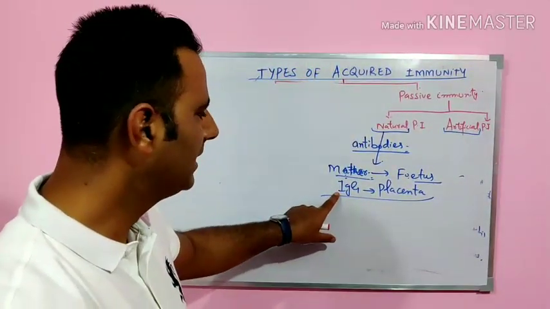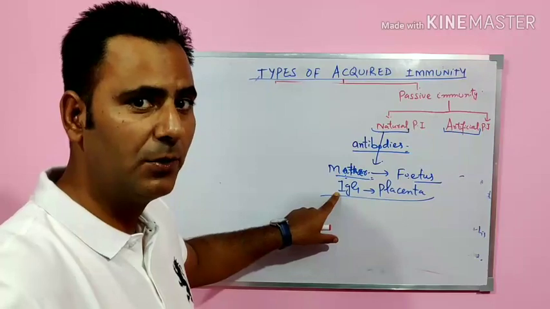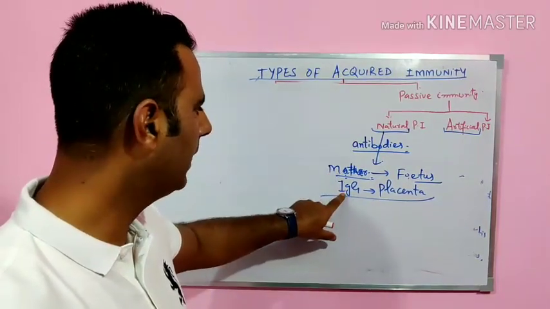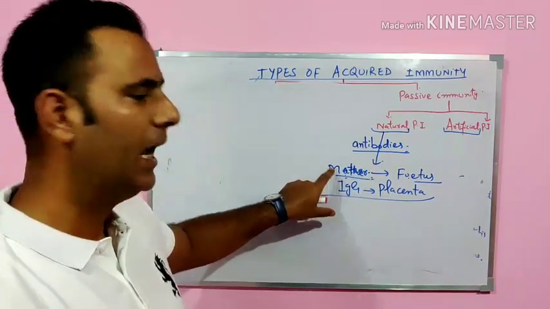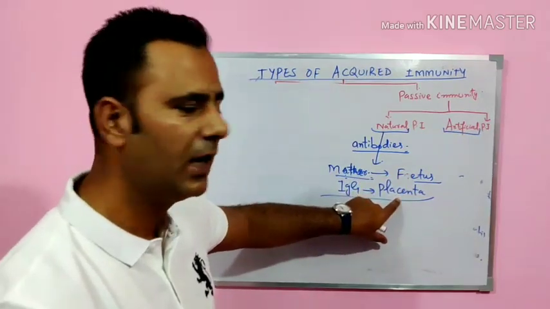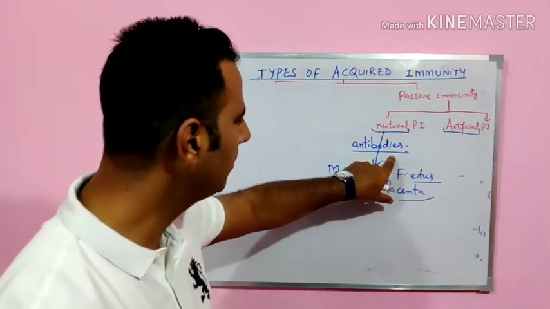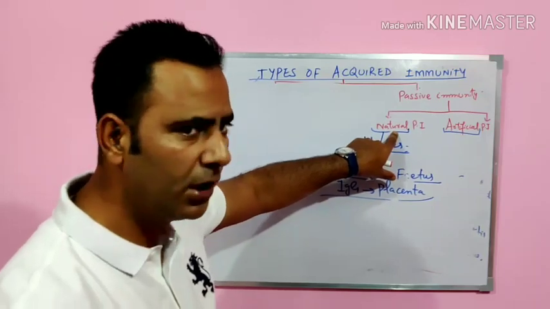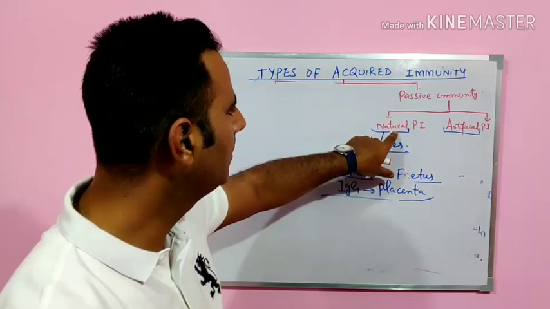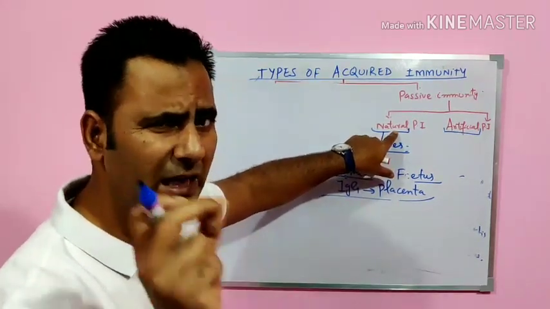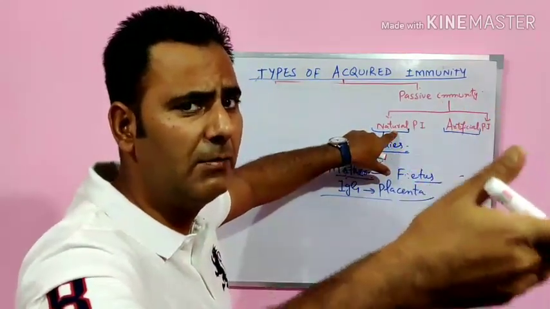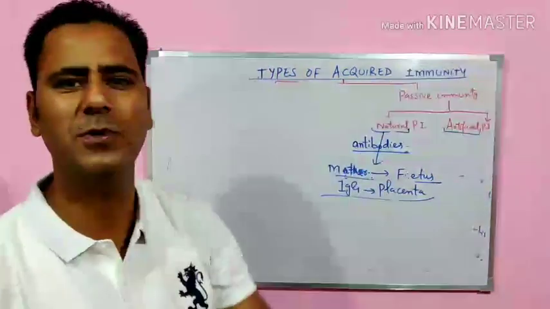So IgG is a class of antibody, and this type of antibody is formed by the mother and transported to the fetus through the placenta. The fetus will receive these antibodies naturally and is not going to activate its immune system, but definitely it will prevent the fetus from getting any kind of disease, therefore giving it a type of immunity which we call passive immunity.